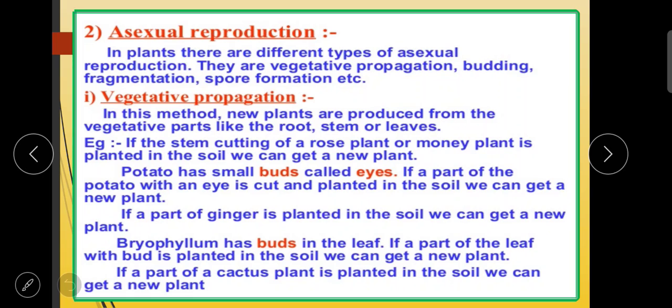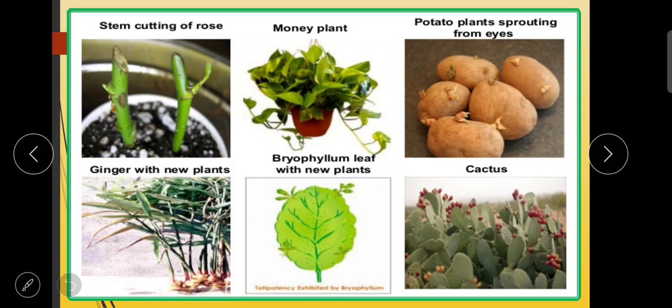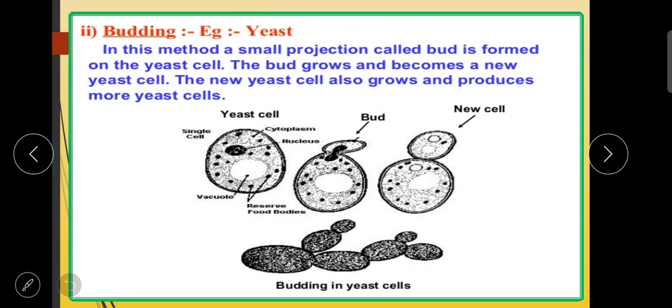We have already discussed vegetative propagation and seen examples like stem cutting of rose, money plant, potato plants sprouting from eyes, ginger with new plants, bryophyllum leaf with new plants, and cactus also.